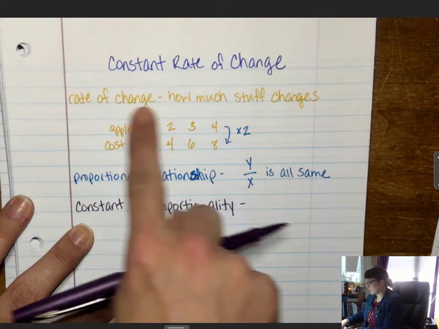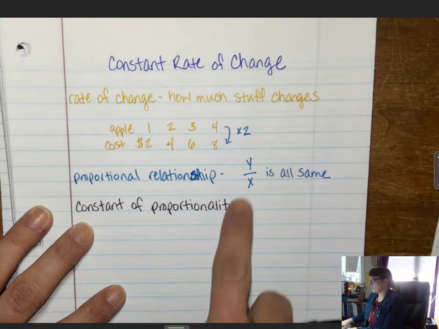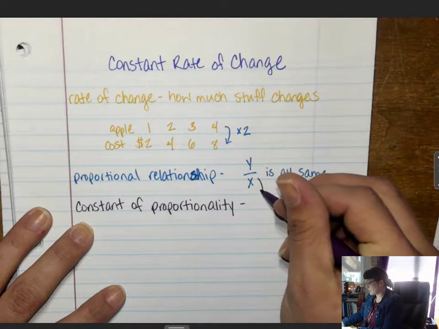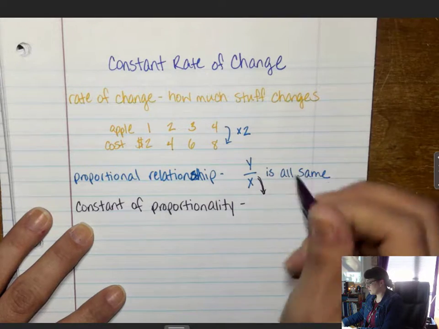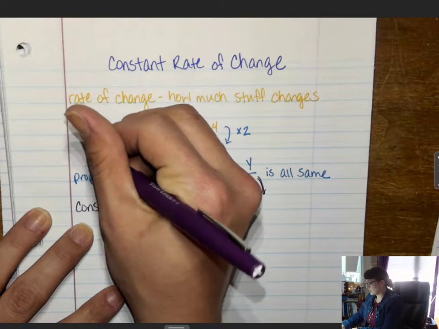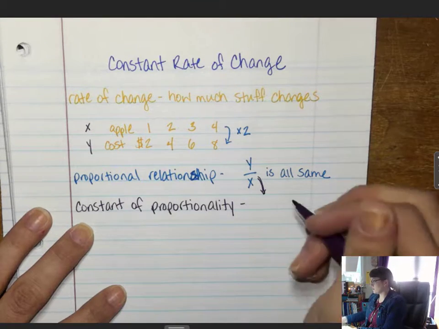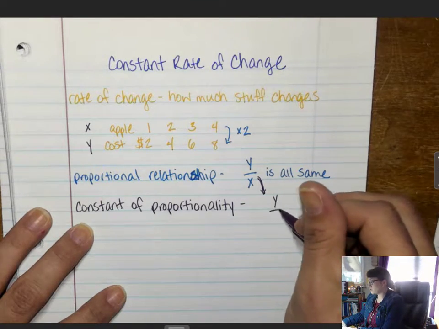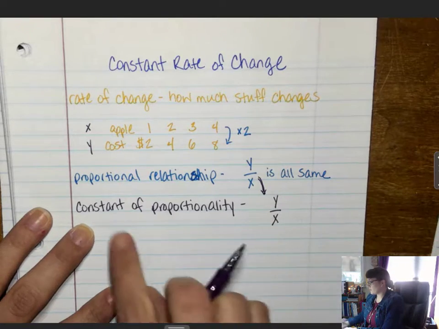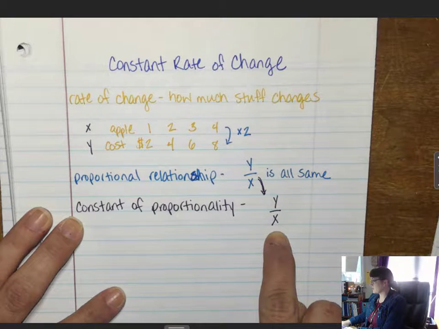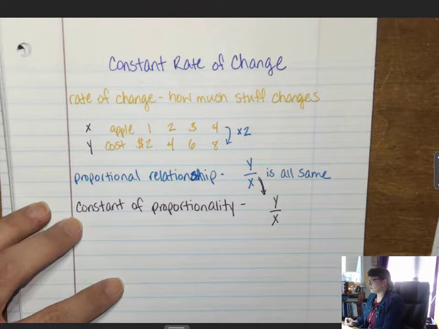We just called it the rate of change. Y divided by X is the constant of proportionality. So if this is X and this is Y, 2 divided by 1 is 2, 4 divided by 2 is 2. So we find the constant of proportionality by doing Y divided by X, and it doesn't change.